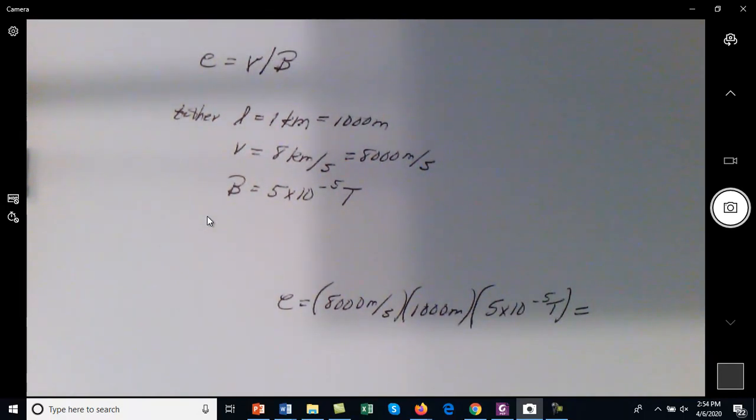So we go ahead and do our calculation. We take 8,000 times 1,000 times 5 times 10 to the negative 6, and that gives us 40 volts.